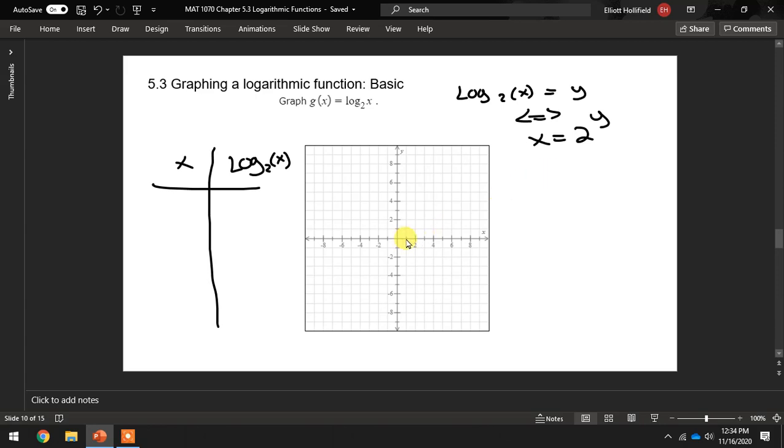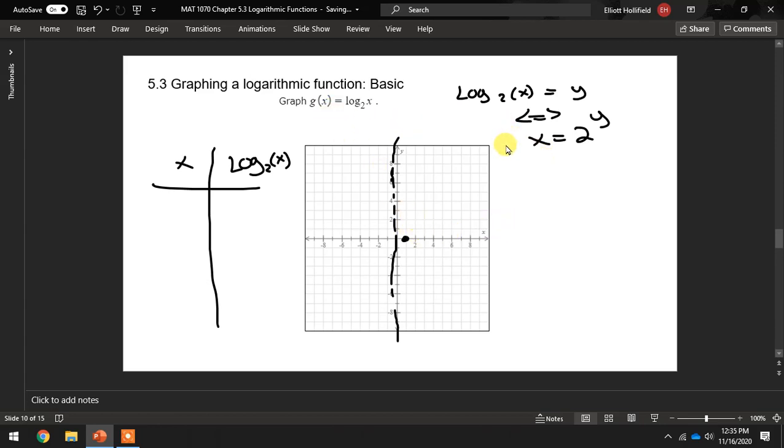Let's pick 1 for x. If x was equal to 1, then 2 raised to what is equal to 1? 0. For these logarithmic functions, we're always going to get this ordered pair, 1, 0. We're also going to have a vertical asymptote here at the y-axis. And we have to pick x values which live to the right of this vertical asymptote.